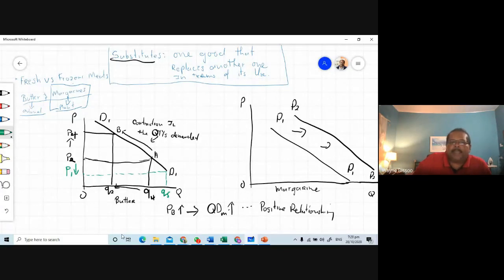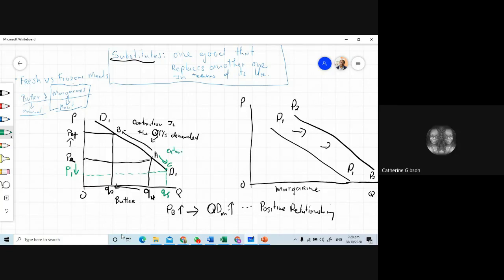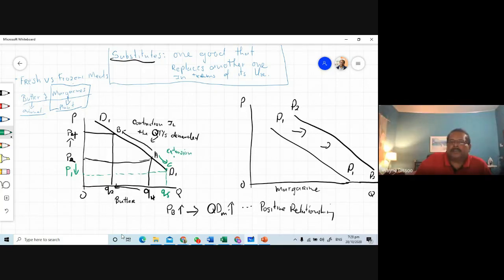So we move from A to this point here, C, on the demand curve. This is a what? This is an extension in the quantities demanded. All right, and that extension was caused by a fall in the price of butter.